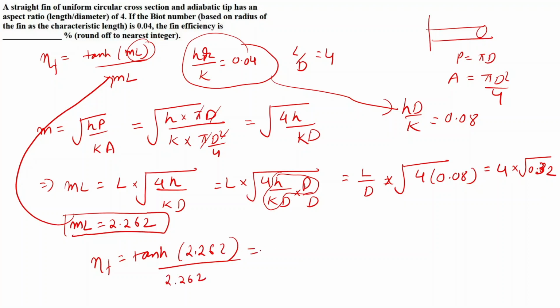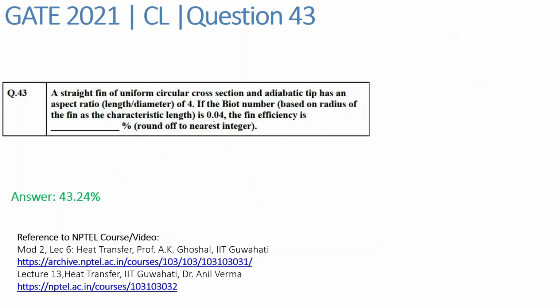So this will come around 0.978 upon 2.262, so it will become 0.4324, and we have been asked to write it in percentage, so our final answer will be 43.24%. Since we have been asked to round to the nearest integer, we can write it as 43 or 44. So this will be my correct fin efficiency in percentage.